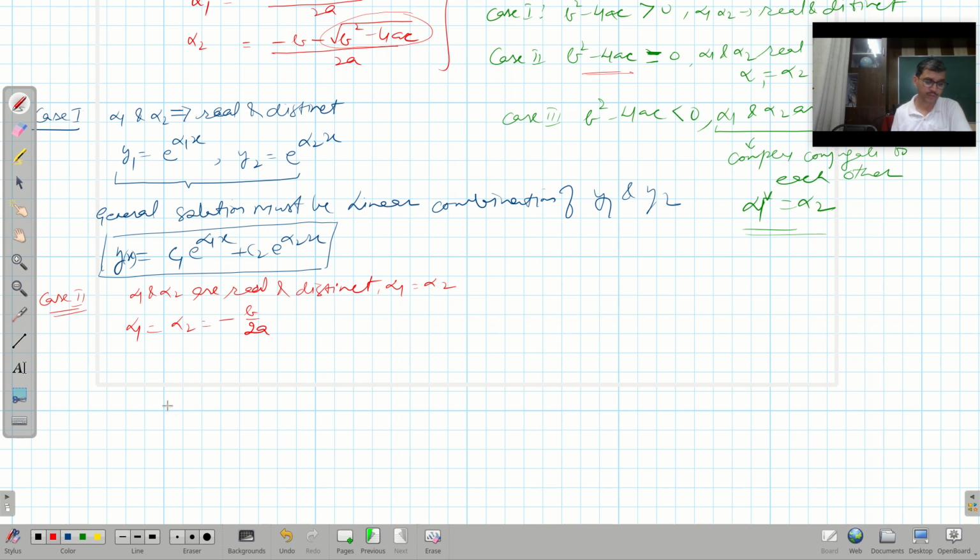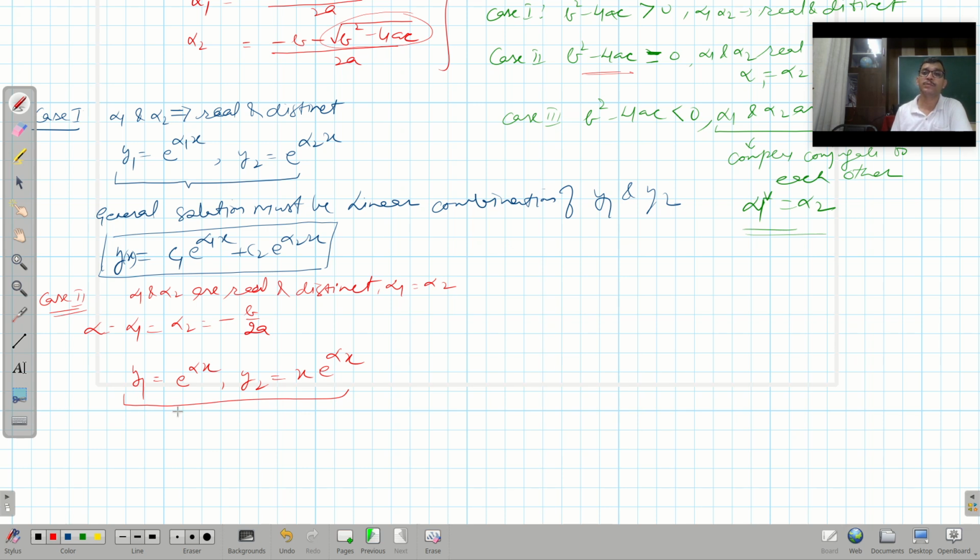Then the first solution is y1 equal to e raised to power alpha x, and let us call it alpha because both are equal. Similarly, y2 is equal to x into e raised to power alpha x, which is also a solution of the given differential equation. We can prove it separately if you want.